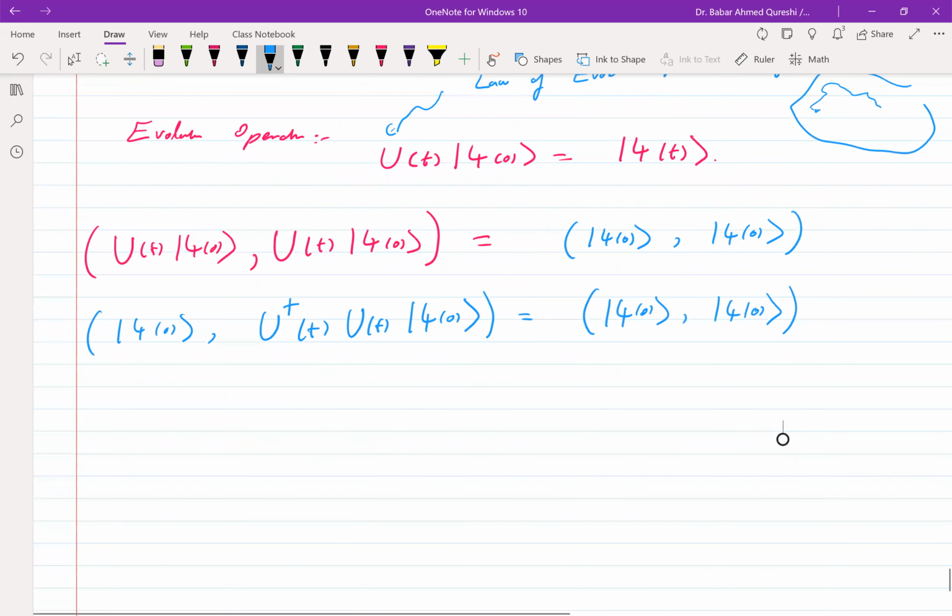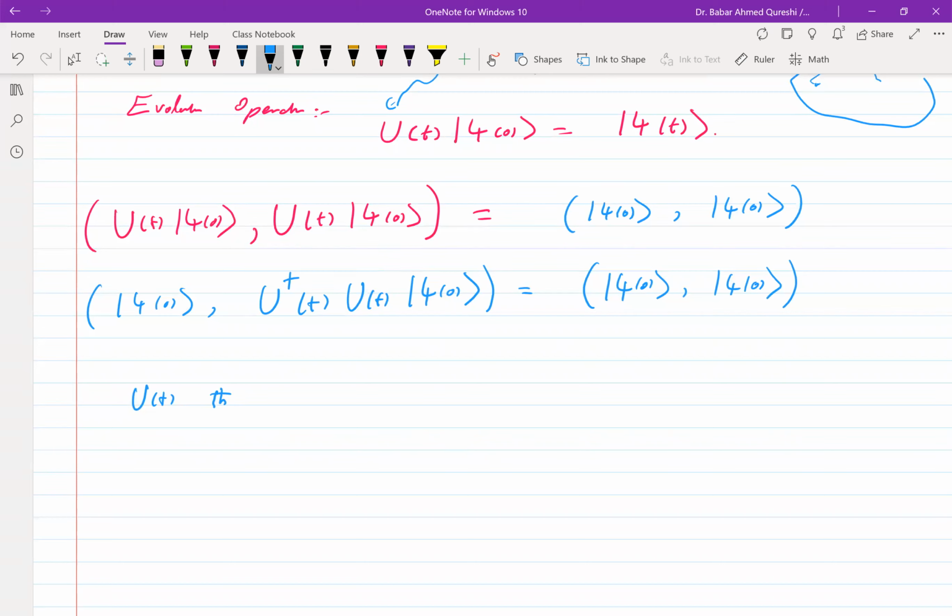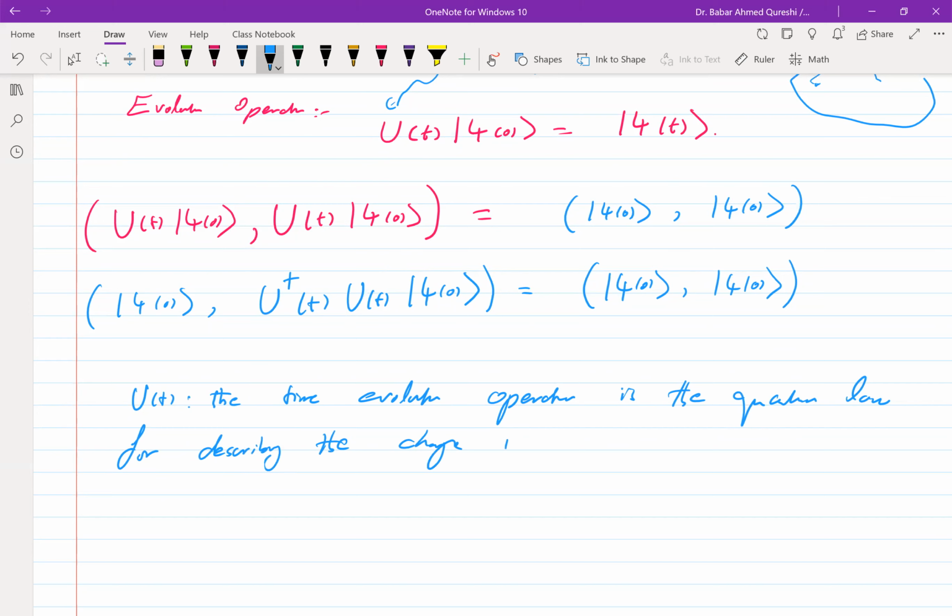So U of t, the time evolution operator, is the quantum law for describing the changes in the system.